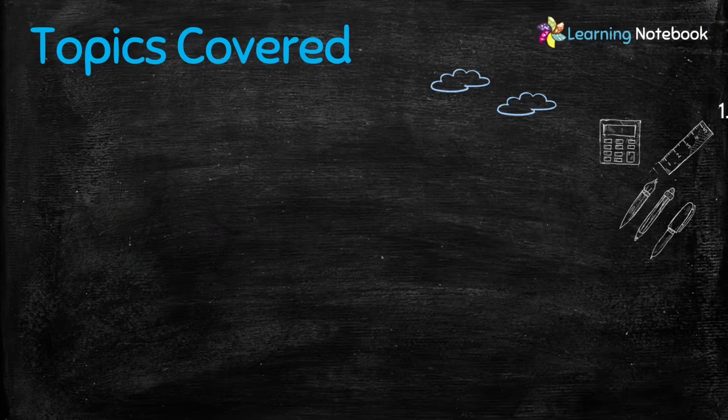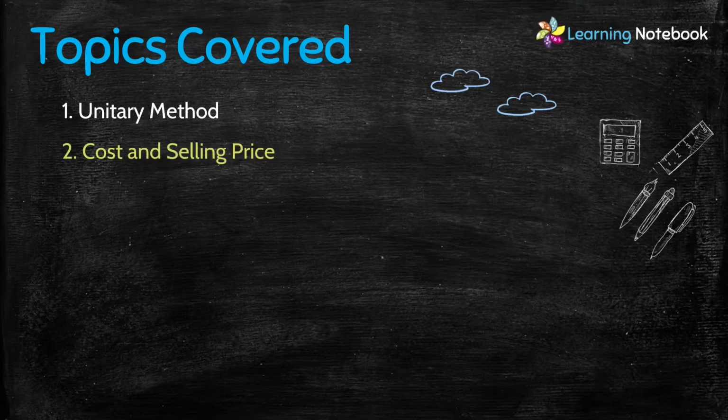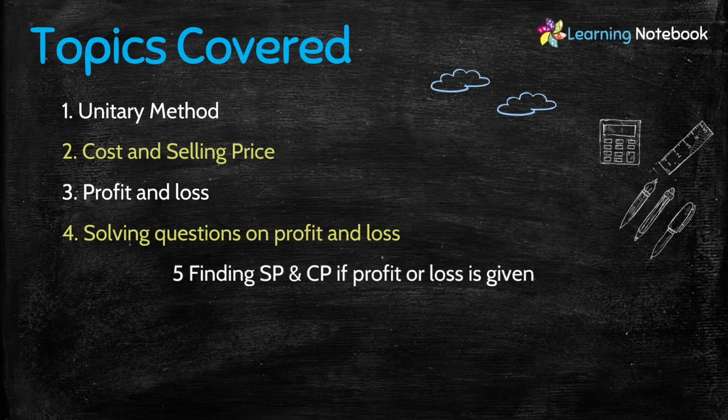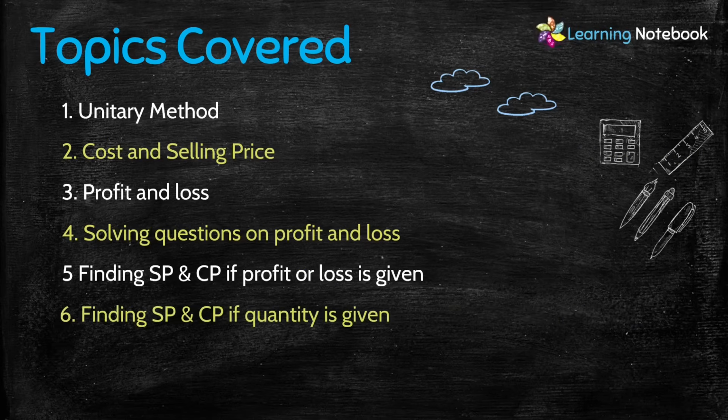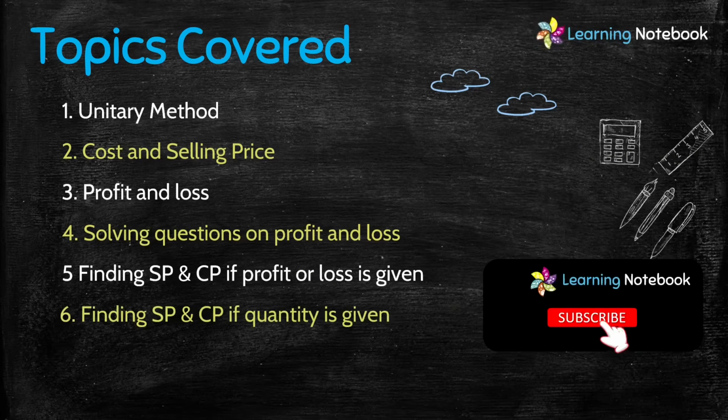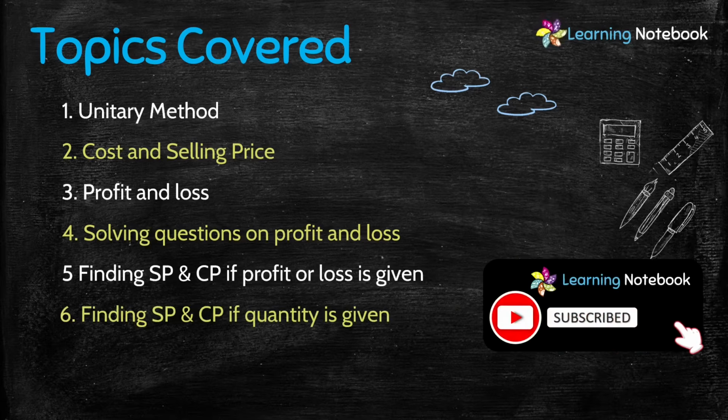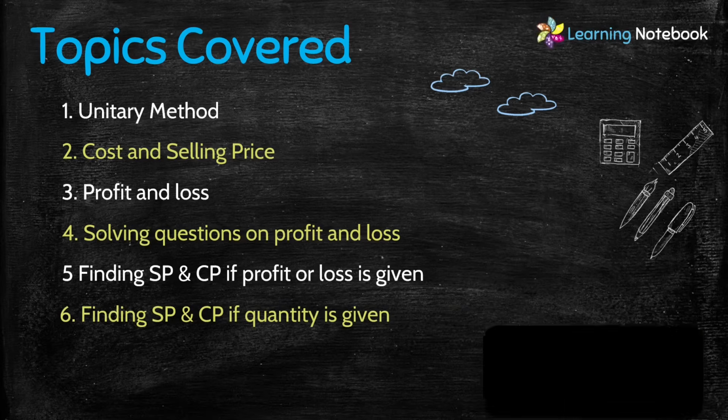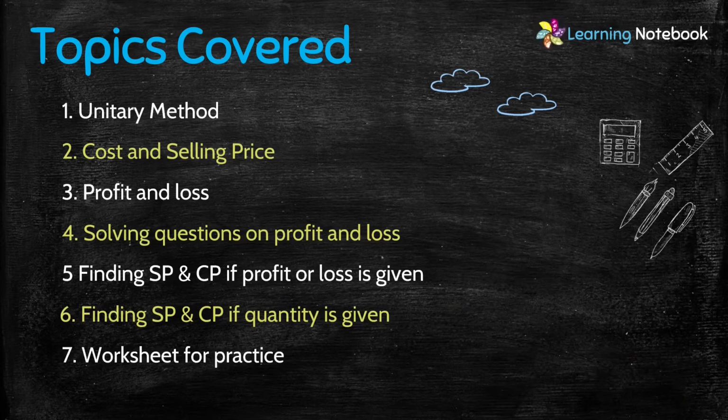So let's see what all topics we are going to cover today in this chapter. First, we will understand unitary method. Next, we will learn about cost and selling price, profit and loss. Then we will solve questions on profit and loss. After that, we will learn how to find selling price and cost price if profit or loss is given.